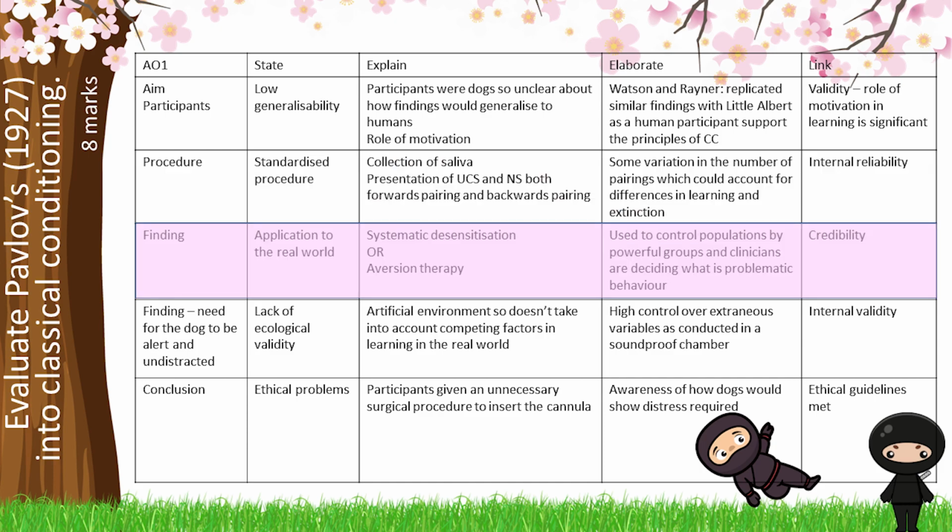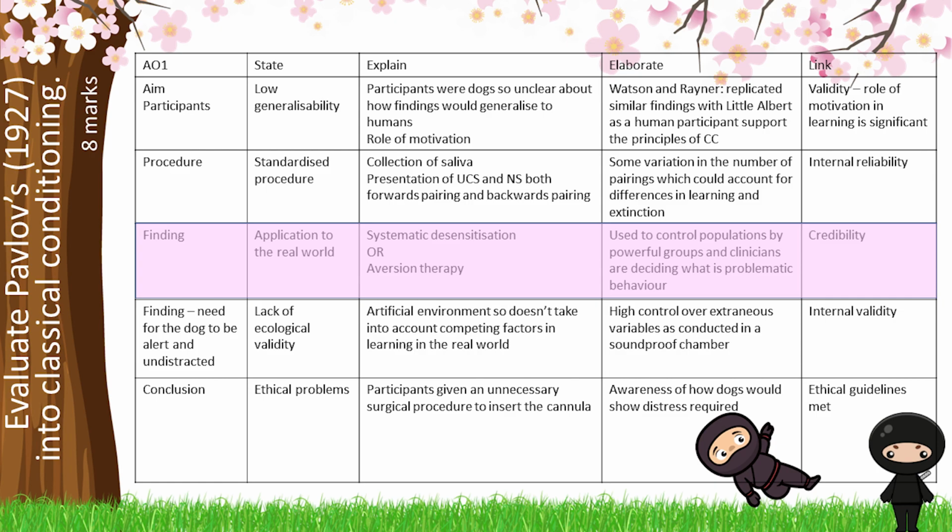We move on through then to talk about one of the findings, and we can apply this to the real world. Here you either want to talk about systematic desensitization, because that's something you're going to have to know anyway. That's a different video in terms of explaining that. Here we can talk about aversion therapy, where we're associating something negative with something that we want to stop in terms of behaviour.